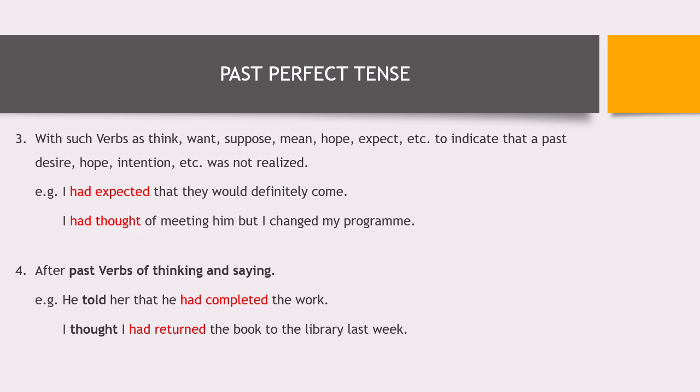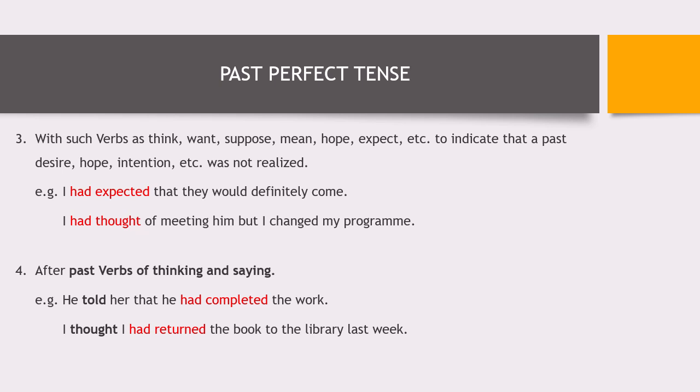With such verbs as think, want, suppose, mean, hope, expect, etc., to indicate that a past desire, hope, intention, etc., was not realized. For example, I had expected that they would definitely come. I had thought of meeting him, but I changed my program.